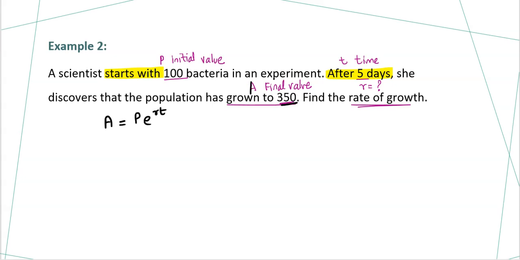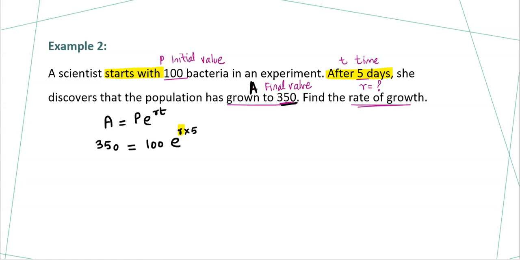So A is 350 equal to P is 100, e to the power of r, which we don't know, times t is 5, so r times 5. Now we have to solve it to find the value of r.